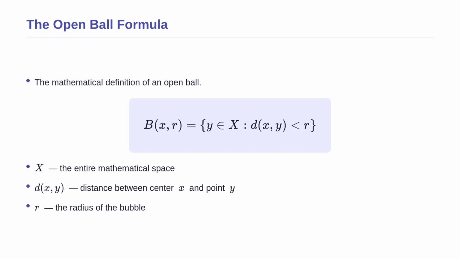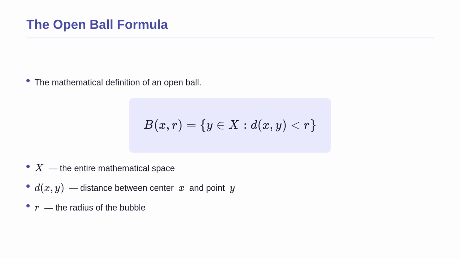To make our definition rigorous, we first need to define the open ball mathematically. Conceptually, this formula describes the boundary of our test bubble. Let us break down the symbols. The capital X represents the entire mathematical space we are working in, like a blank canvas.